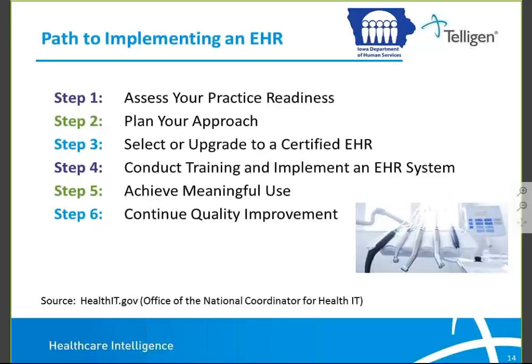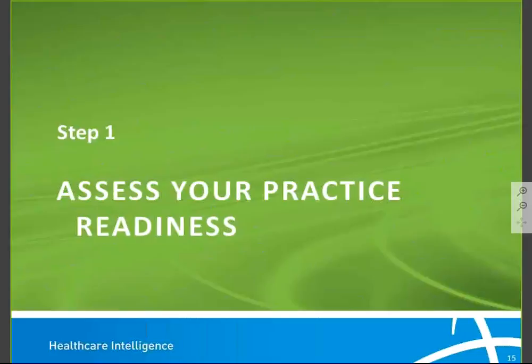Here in Iowa, we had one regional extension center, and that was us here at Telegen. We did that contract of helping providers in the state with meaningful use and selecting EHRs. Over the course of that whole project on the national level, they put together this 6-step path to implementing an EHR, and they've done a very nice job with that. We'll go through some of that here.